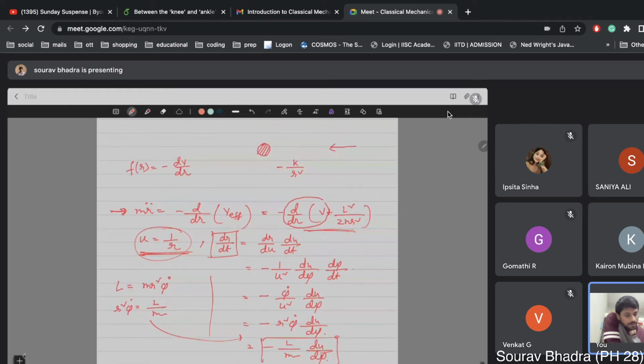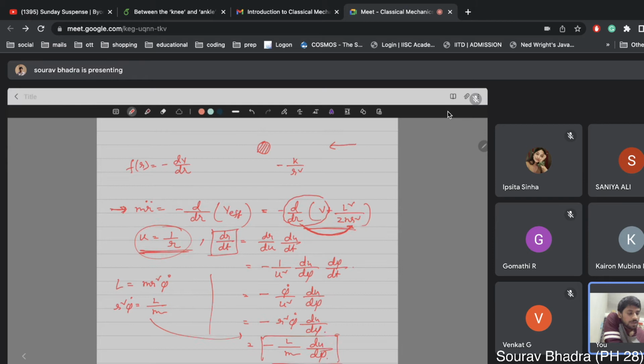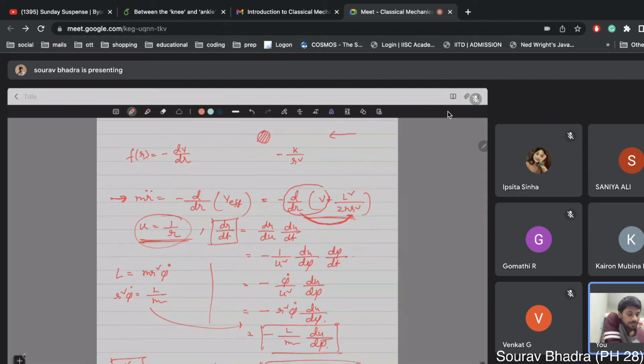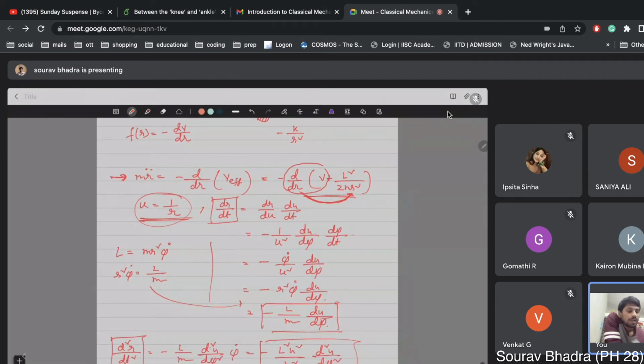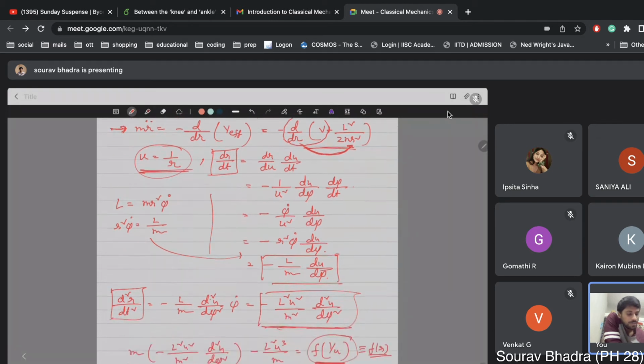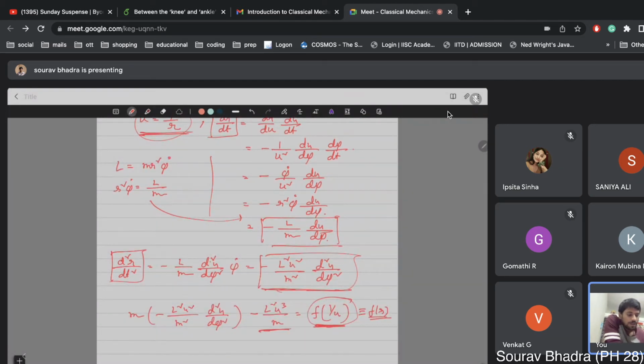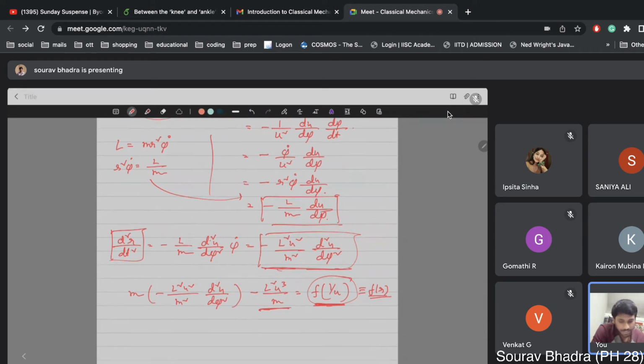And if you do the differentiation of the second term, that will give you L square by 2m r cube. If you put r as 1 by u and L as m r square phi dot and replace everything in u, then you will get this term. I am not doing this, you can do it by yourself, it is a very simple thing.